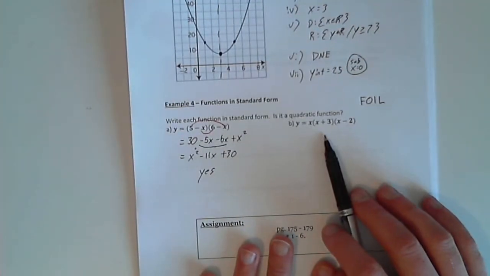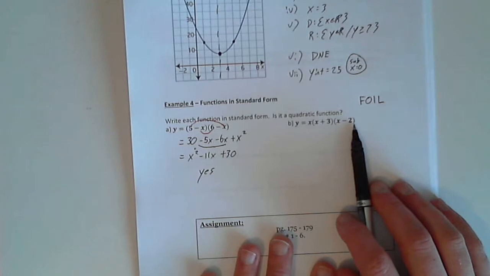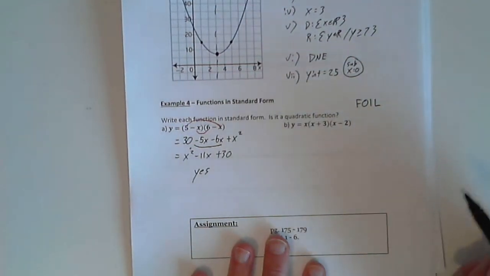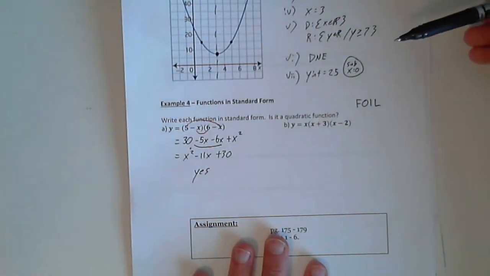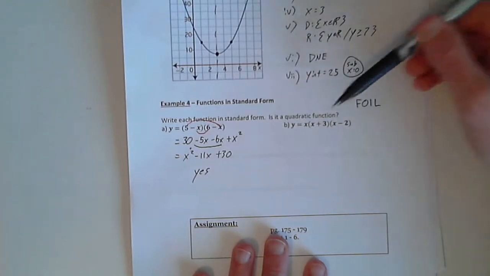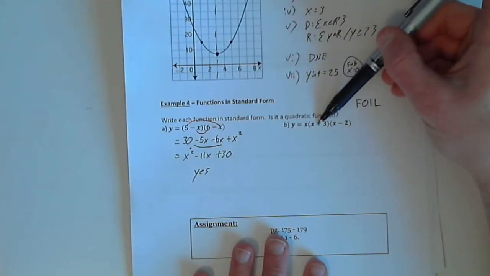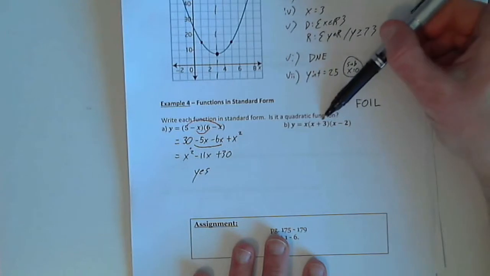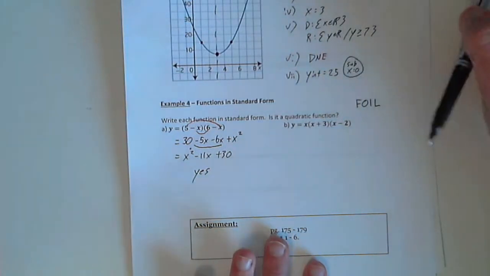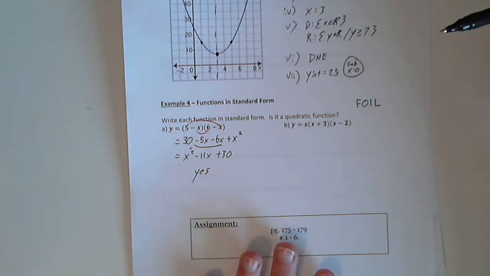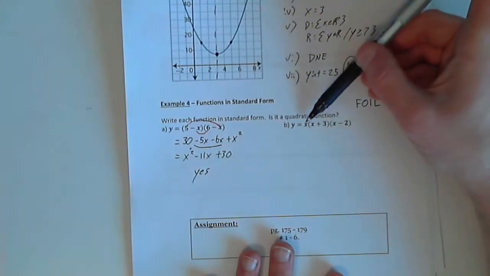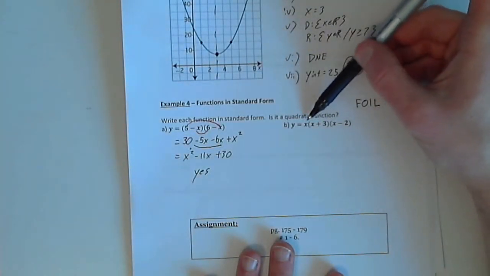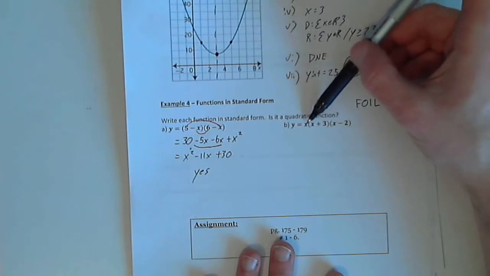Okay, expanding this guy. Ooh, what do we do first? You could do it in any order you want, really, as long as you don't do it twice. So you could multiply x into the first set of brackets, or you could do the FOIL first. Either way is fine. The only thing that is wrong, that I see some people do, is they take this x, and they multiply it against the x, multiply against the 3, and keep going.